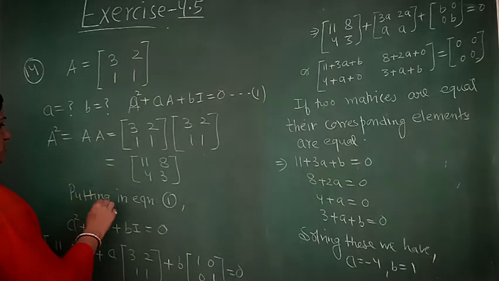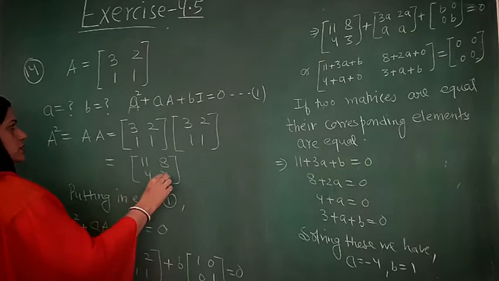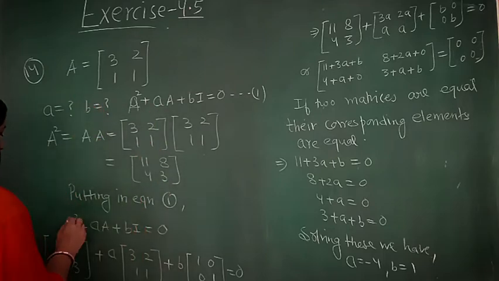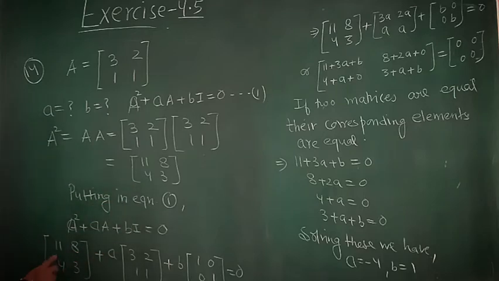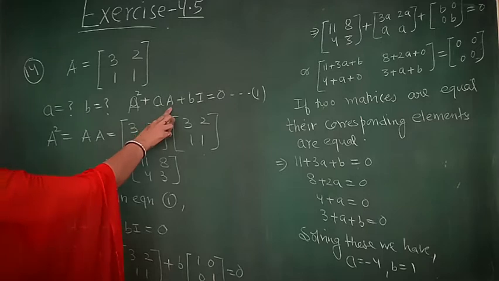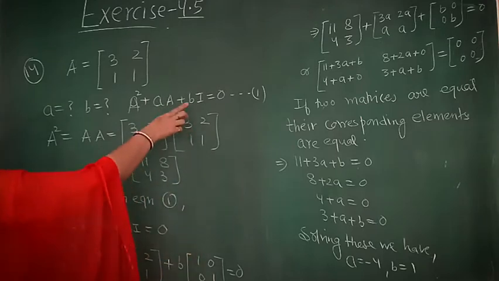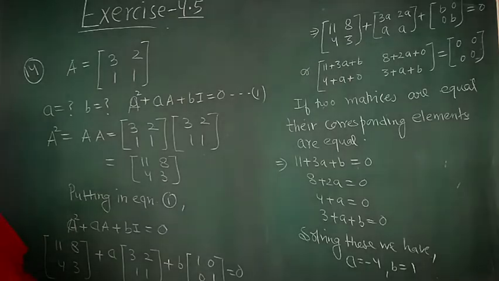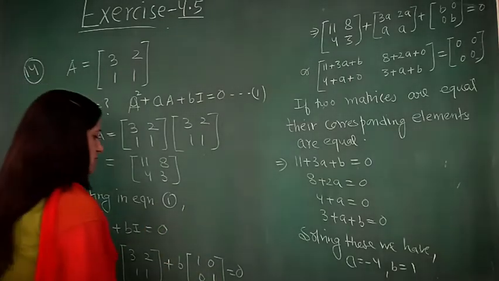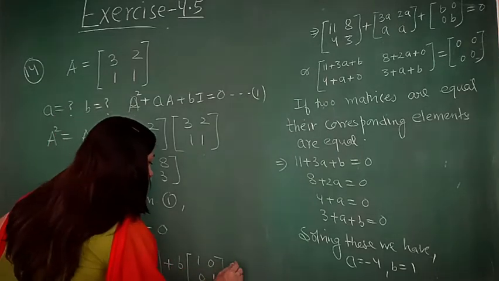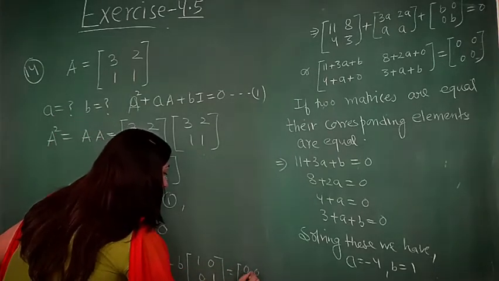Now putting this value of A square in equation number 1, we have A square, that is 11, 8, 4, 3, plus A into this A plus B into this identity matrix of the same order is equal to 0. This 0 we can also take as a 0 matrix of the same order.